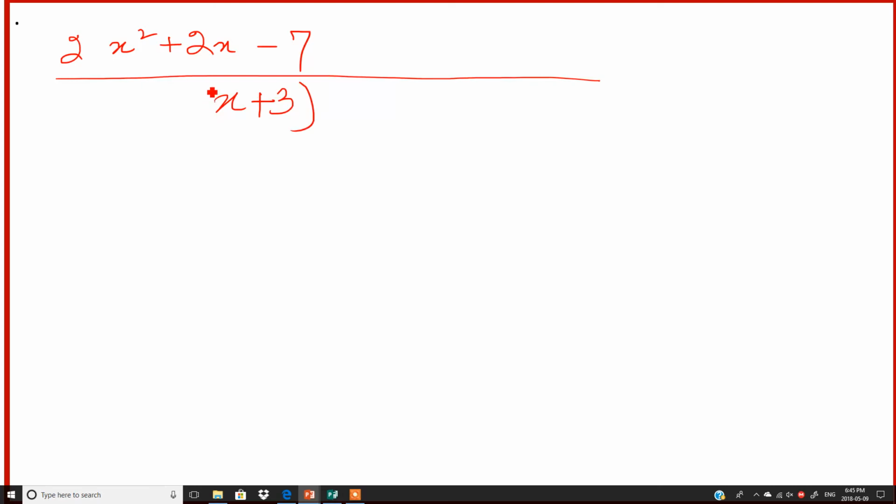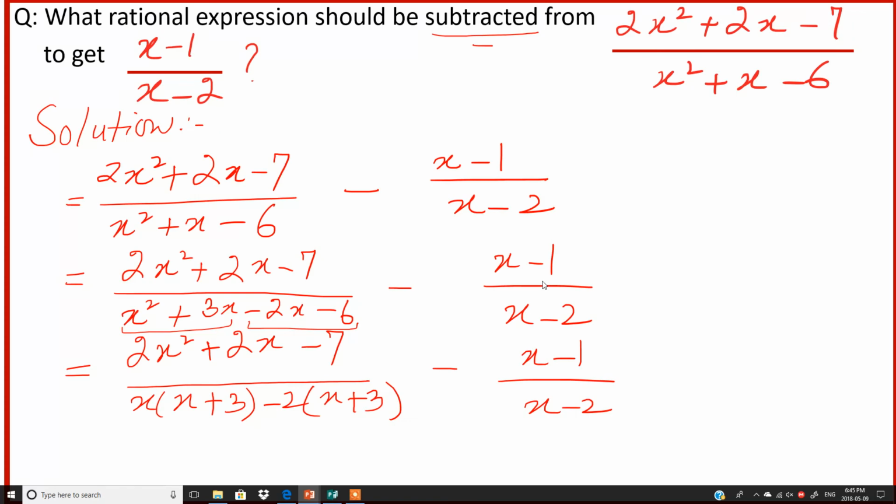So here we have 2x square plus 2x minus 7, and after taking the LCM, x plus 3 is common because both parentheses are the same, multiplied by x minus 2, and here is x minus 1 and x minus 2.